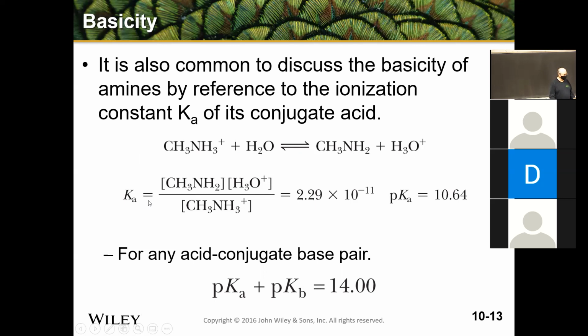Okay, so we can quantify the acidity by using the Ka. Okay, this is the reverse of what we saw on the previous page.